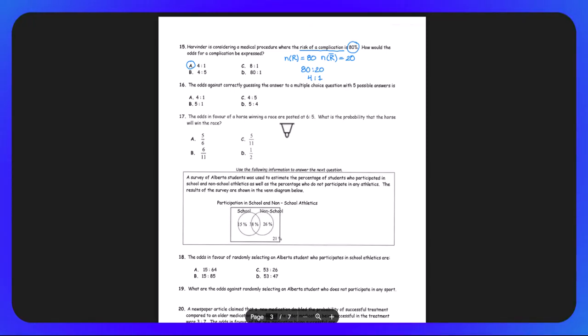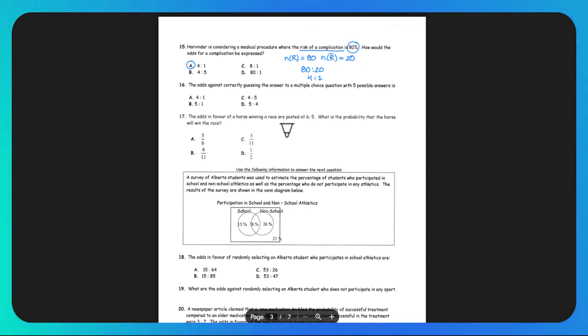Let's try the next one. The odds against correctly guessing an answer to a multiple choice question with 5 possible answers is, we'll define the odds for correctly guessing. So what are the number of ways we're going to guess correctly? Well, in a multiple choice test, there's only one correct answer out of all the possible answers.